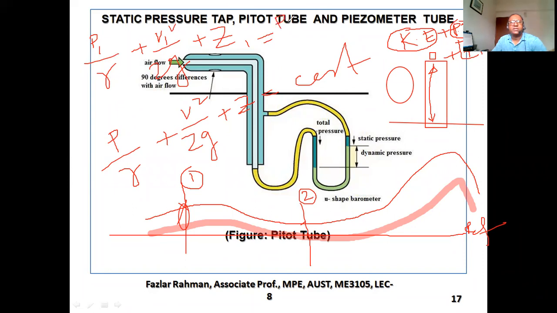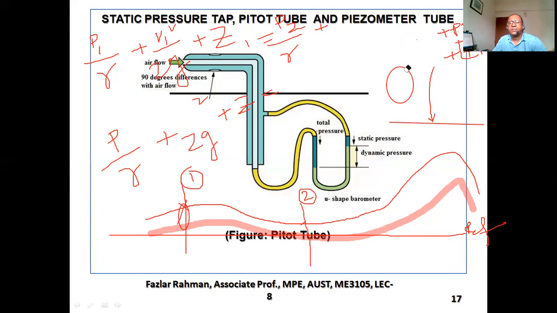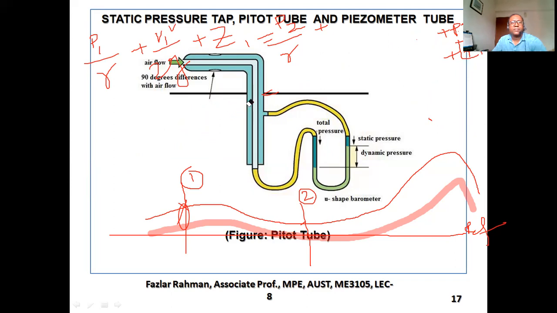You can say this is equal to P2 by gamma plus, let me erase some of this equation. Okay, so you have V2 squared by 2g plus Z2, right?